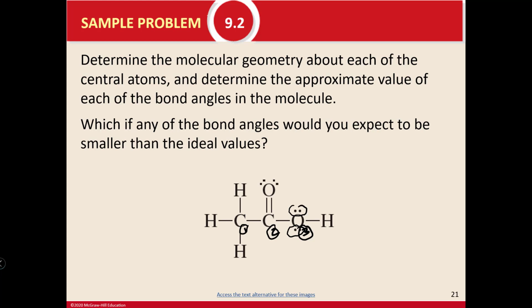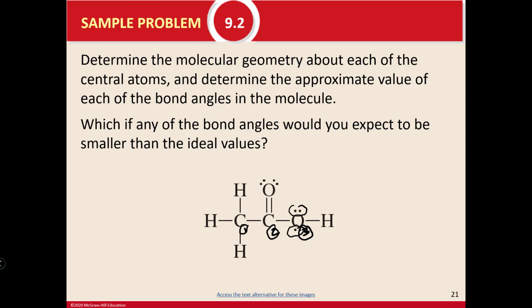So for the electron domain, you look up here and you go, oh, it's 4 things coming off the central atom. Tetrahedral. And that's correct. The geometry is tetrahedral.